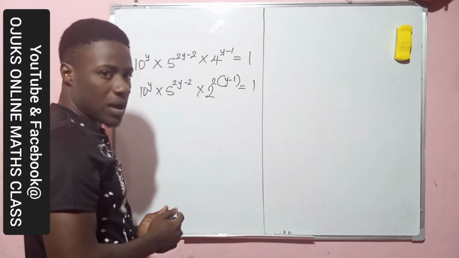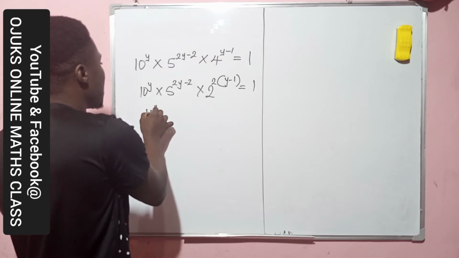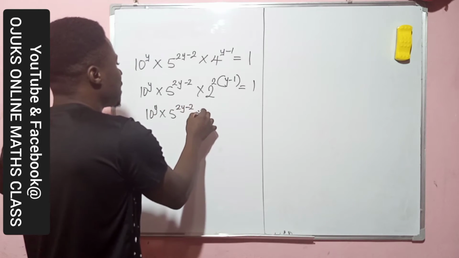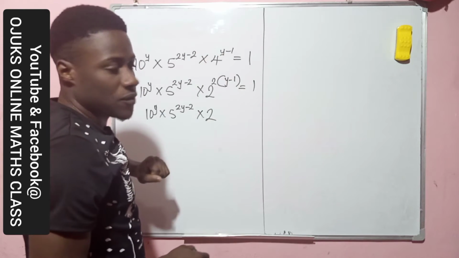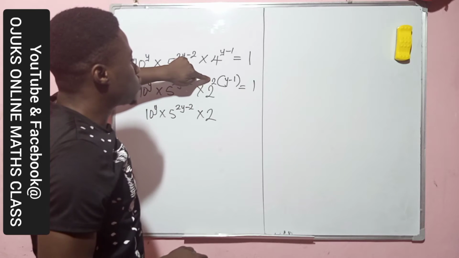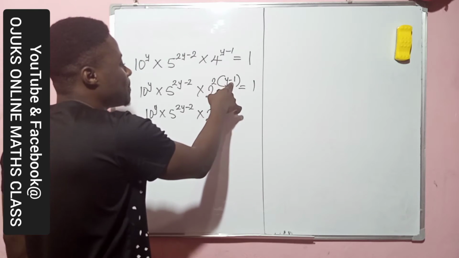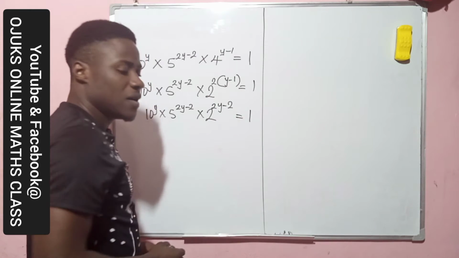equals 1. If I keep on solving, I will still have 10 raised to the power y times 5 raised to the power 2y minus 2 times 2 raised to the power, and I can expand the bracket. When I expand this bracket, 2 times y, I'll have 2y. Then 2 times minus 1, I'm having minus 2, equals 1.